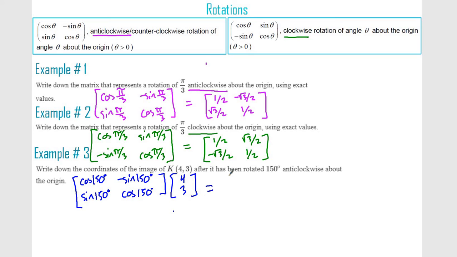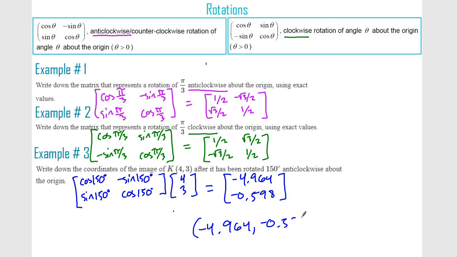This is going to come out, let's do the third decimal place, 4.964, 598. Okay, so the new coordinate is this. And that is a 5, not a 3. Okay, there you have it.